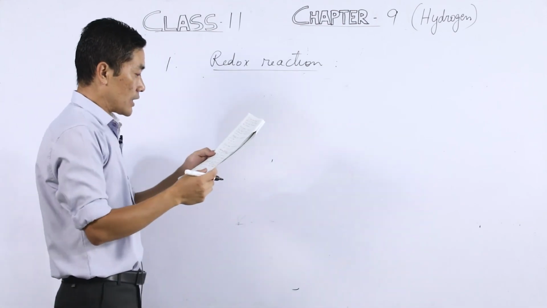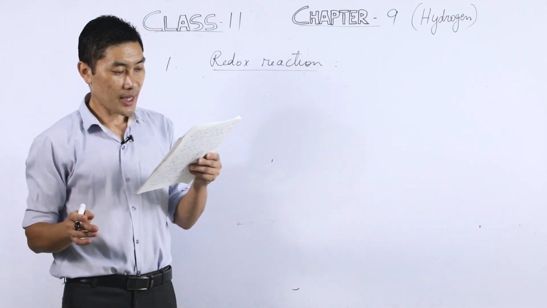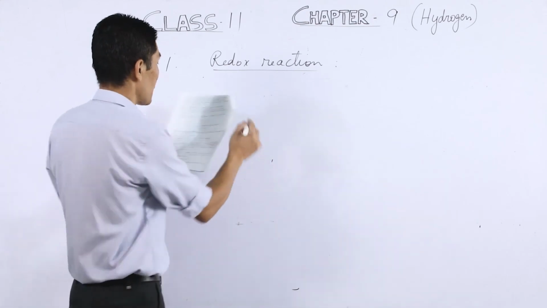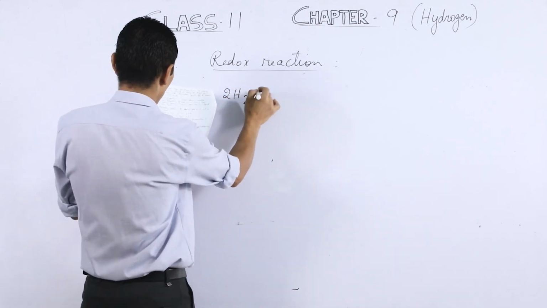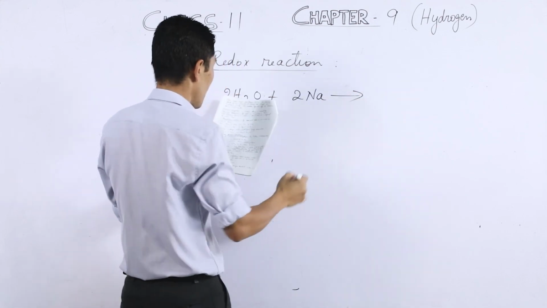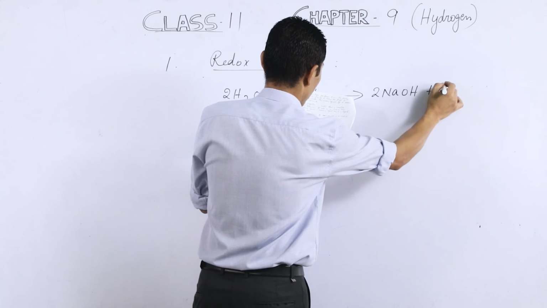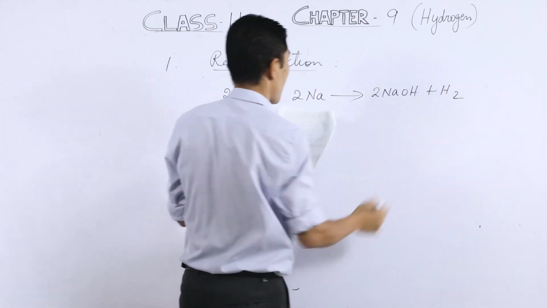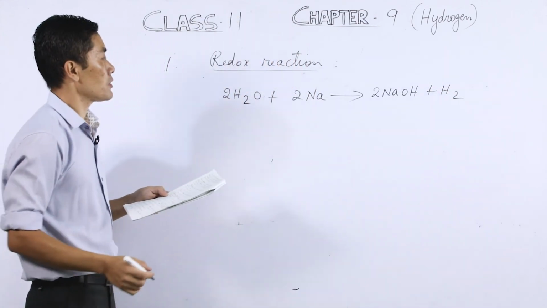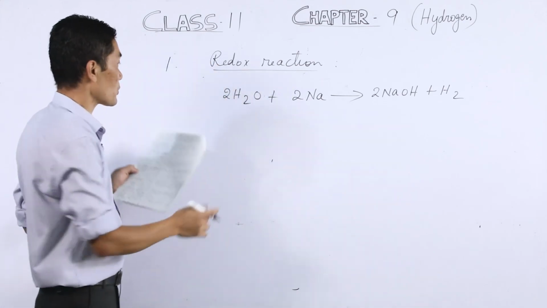So water can be reduced to dihydrogen by highly electropositive metals. When water is treated with a highly reactive metal like sodium, it gets reduced and we form sodium hydroxide. The metal reduces water to form sodium hydroxide.